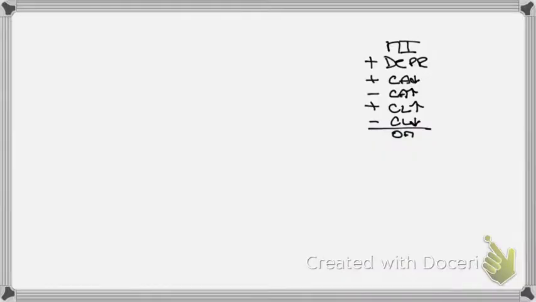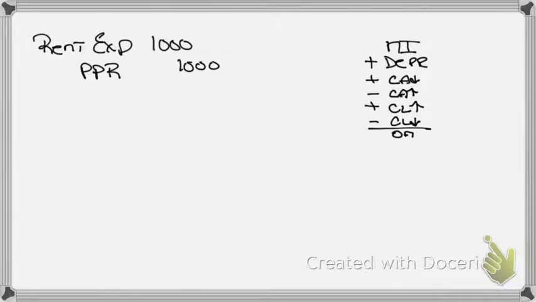Okay, so when you have net income and you think of a current asset that is going down, you have changes in current assets, for example, rent expense and prepaid rent. So if rent expense and prepaid rent changes for $1,000, and here's our net income.